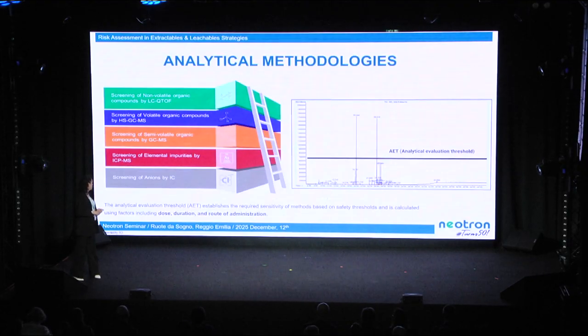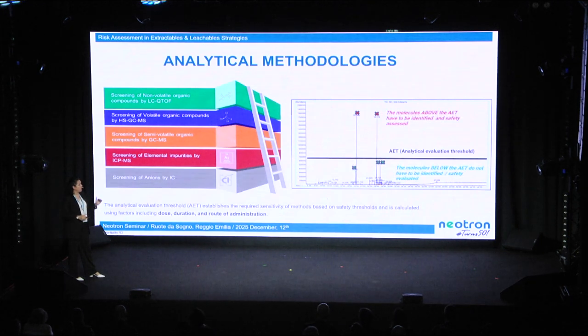For example, we need information like the dosage of the drug formulation, the duration of the treatment, and the route of administration. And from this information, we set, let me say, a limit upon which we have a distinction. So all the molecules that are above the AT have to be identified because they can be of concern, while all the molecules that are below this threshold do not have to be identified because they are considered as safe.